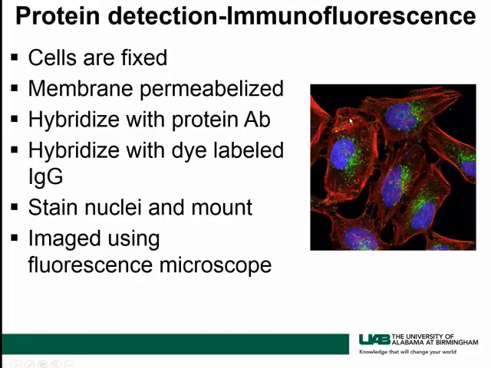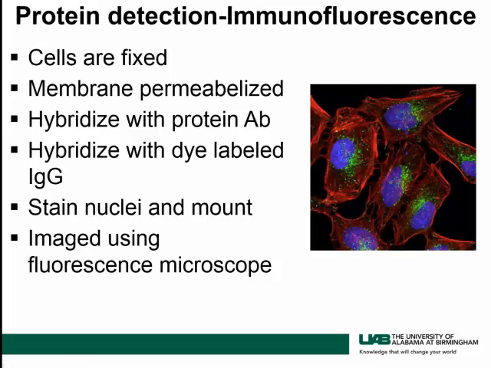You can actually use more than one primary antibody and more than one secondary antibody. You could use one primary antibody that can interact with a secondary antibody with a red dye conjugated to it, and you can use another primary antibody that can interact with a secondary antibody with a green fluorescent dye conjugated to it.